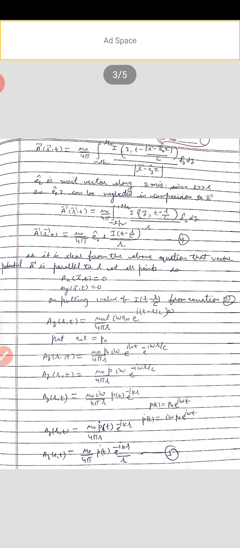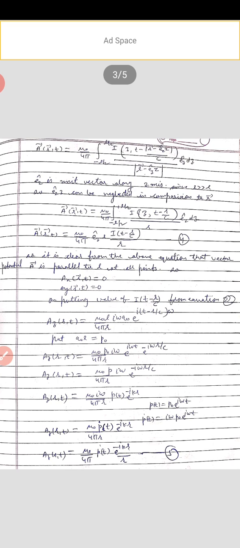Az = μ0/4π · iω/r · p(t) e^(-ikr), and p(t) = p0 e^(iωt).